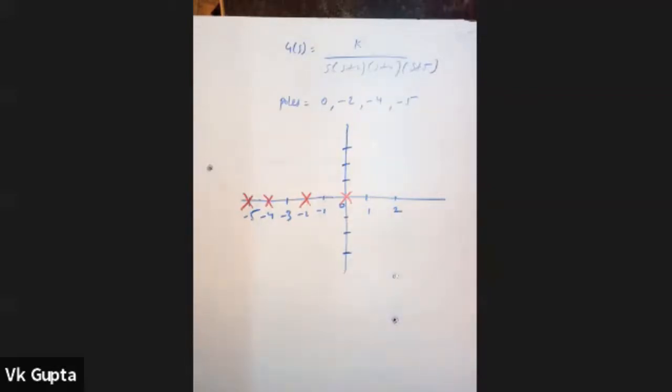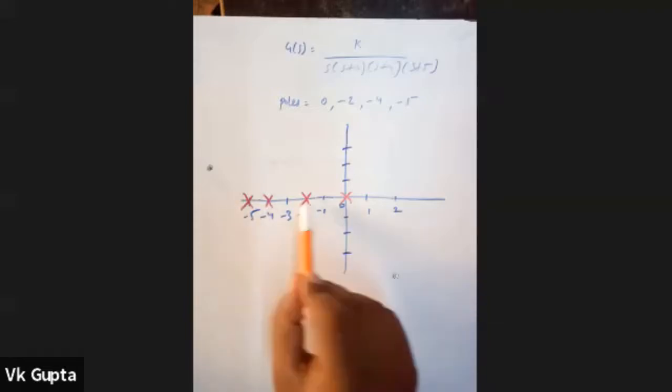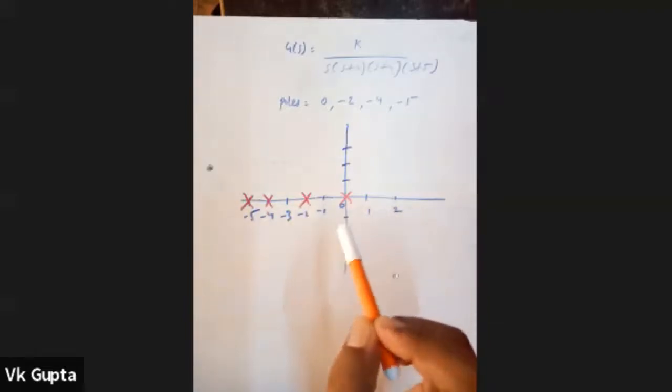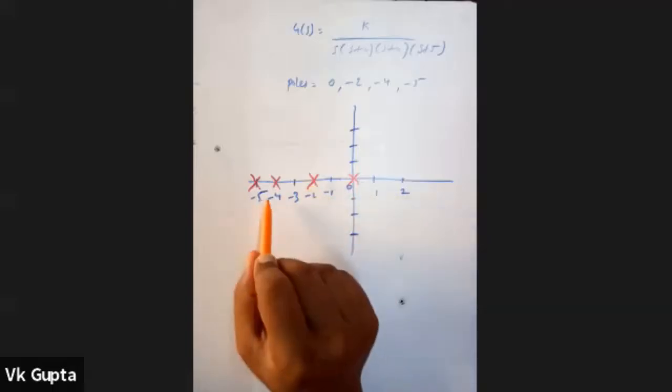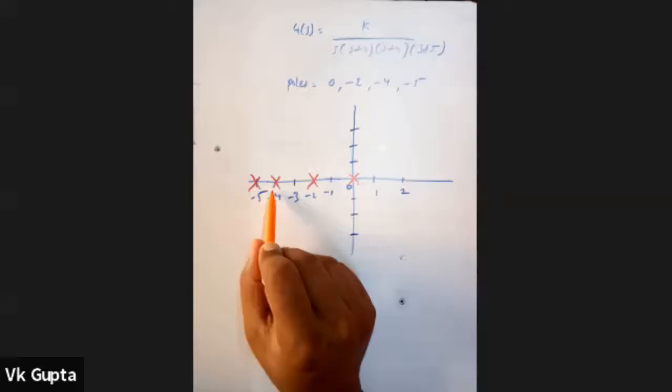Now, which points lie in our root locus? On the real axis, 0 to -2 and -4 to -5.